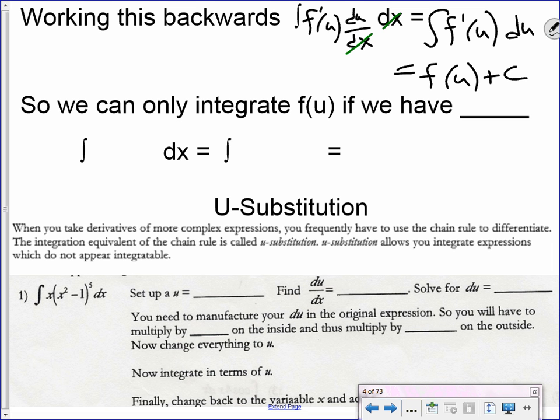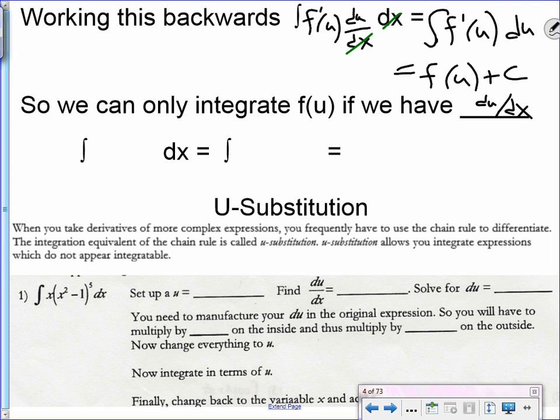If the derivative of f of u is f prime of u times du/dx, and you work it backwards, as long as you have the derivative there, you can forget about it. You're just going to get f of u. We're just working it backwards. So we can only integrate f of u if we have the derivative of the inside, du/dx.